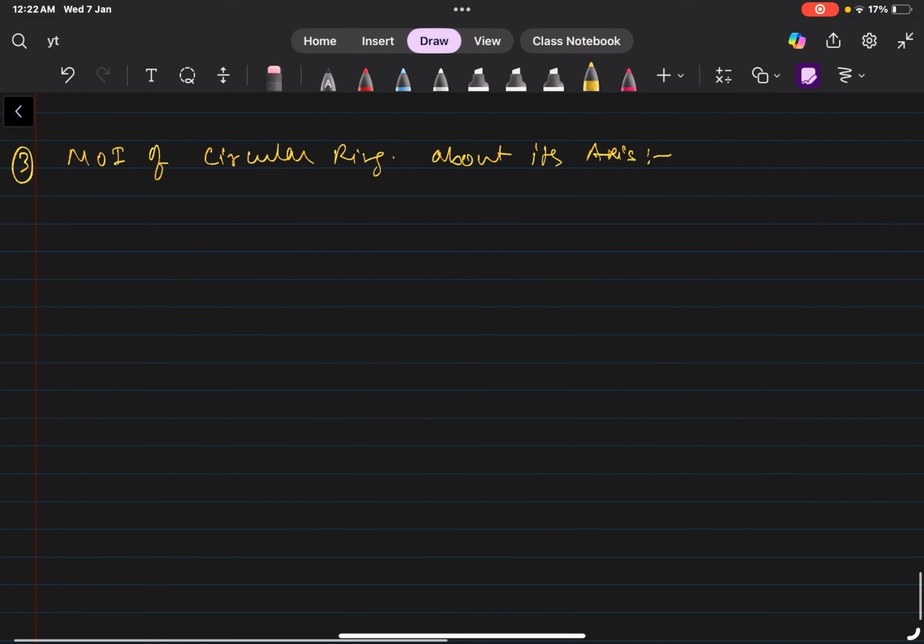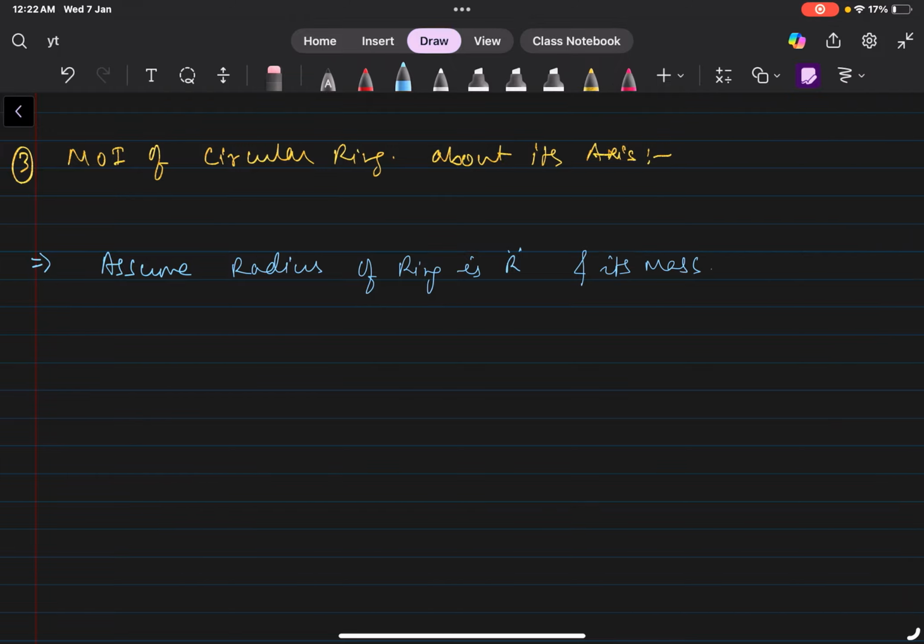Suppose we assume the radius of the ring is r and its mass is m.